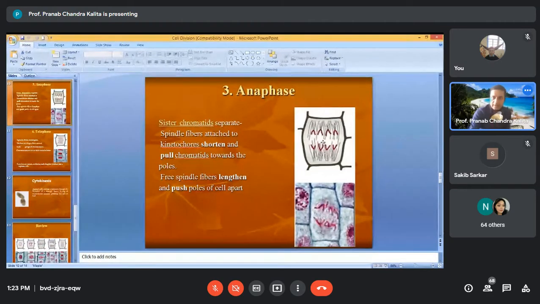So the main events in anaphase are the separation of the sister chromatids and the lengthening of the spindle fibers, which pushes the poles of the cell apart.